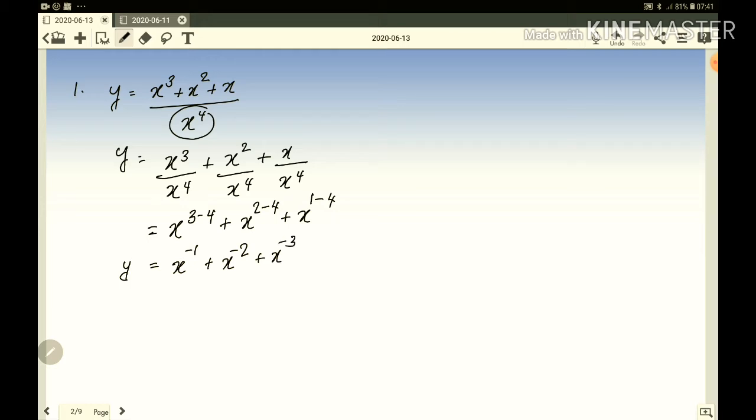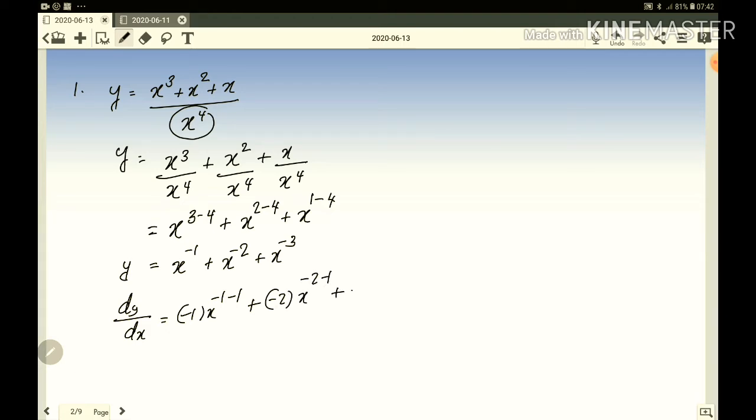Now this one is ready for differentiation. So all these simplifications, you have to do. So I'm differentiating. That is dy by dx is going to be minus 1 times x to the power minus 1, plus the second term, power is minus 2. Write that one first, then the very same power minus 1.